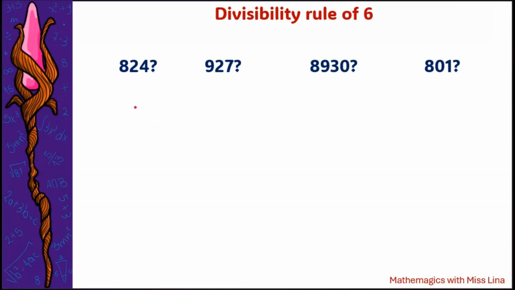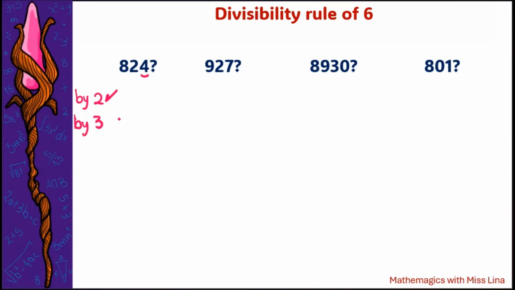Okay? So what we need to check is the last digit to know if it's divisible by 2. In this case, the number is even. So yes, divisibility by 2 checked. Let's put it by 2 so we don't forget. And let's see what happens by 3.